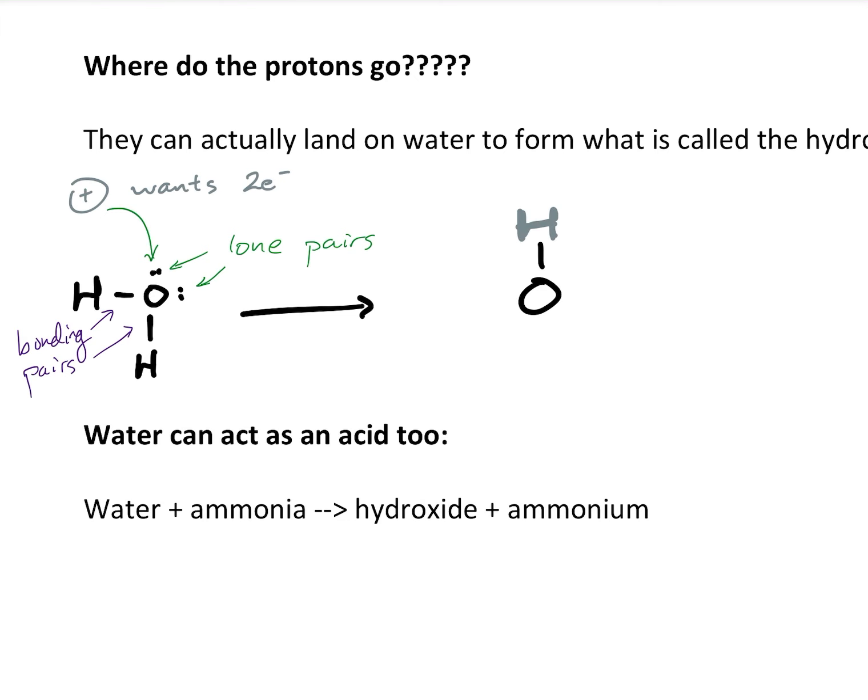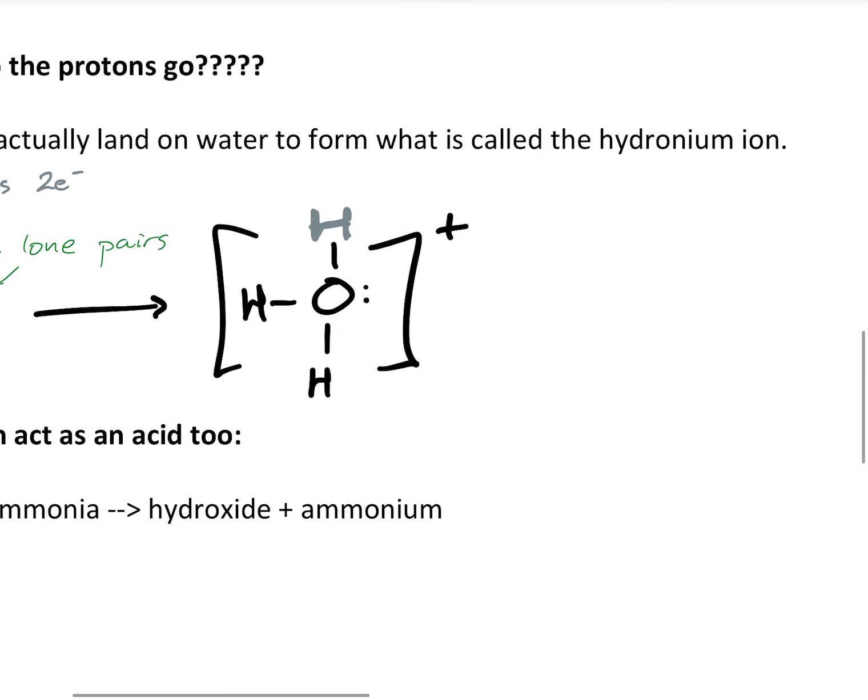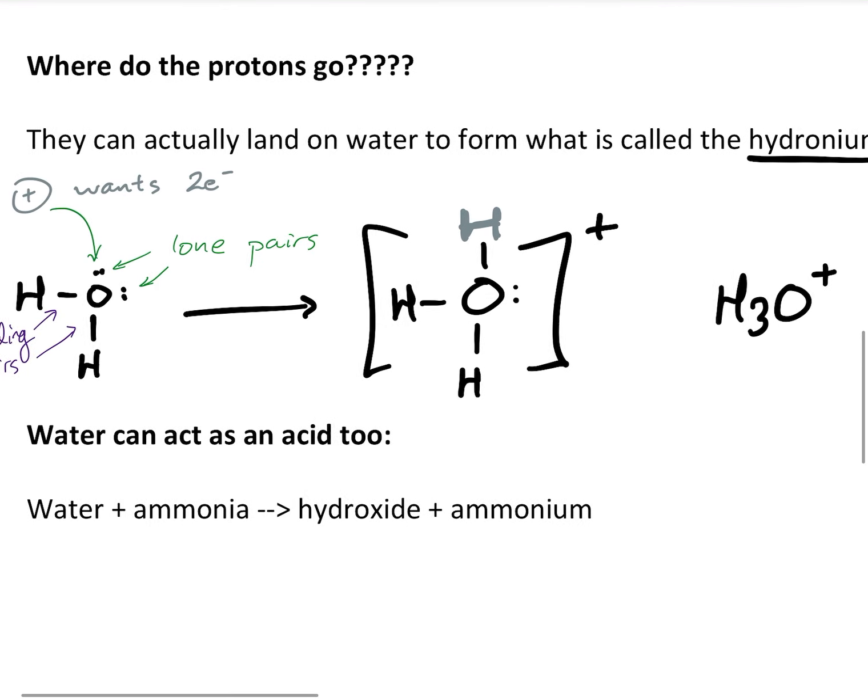And what it's going to do is borrow a lone pair of electrons. So what's happened is that's conferred a positive charge on that thing. And that ion, which has the chemical formula H3O+, is what we call the hydronium ion. But we're not going to really worry about that, but that's actually where they end up most of the time.